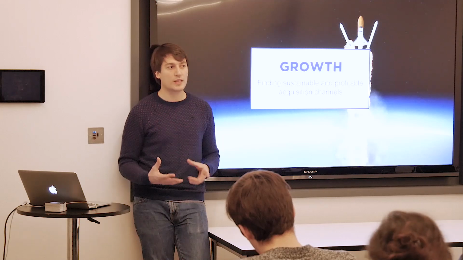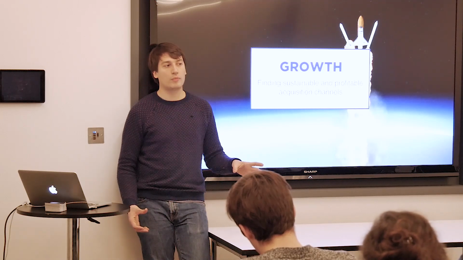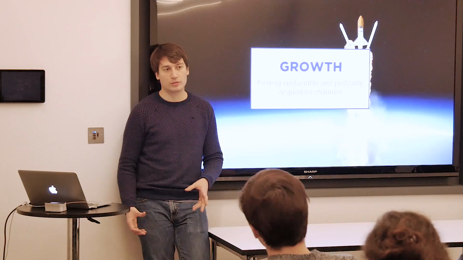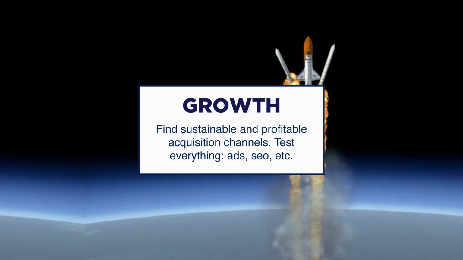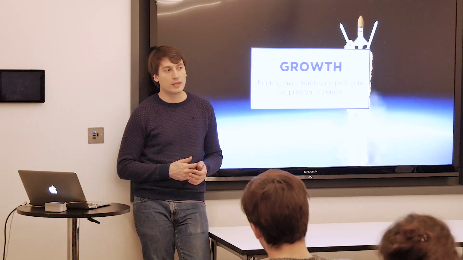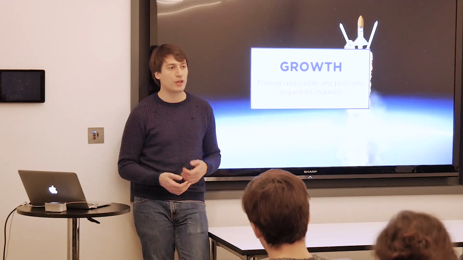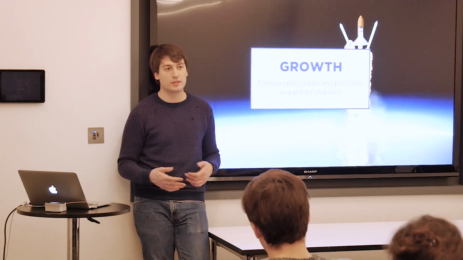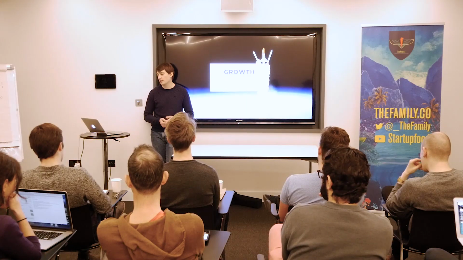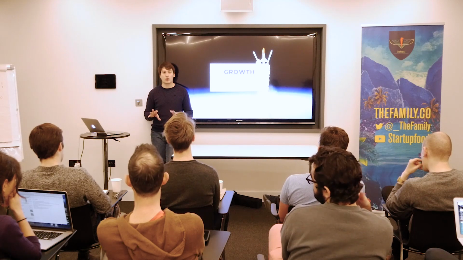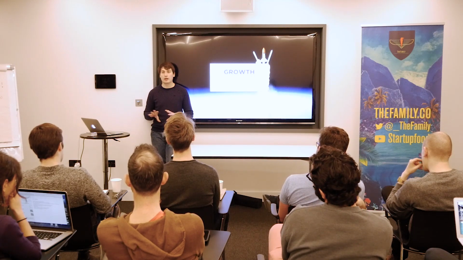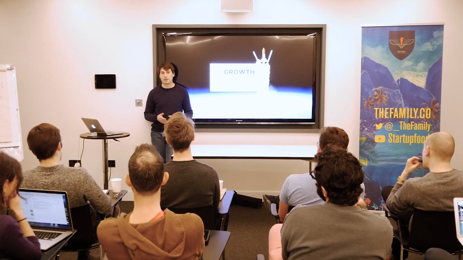You always have to think, where are my users, who are my users, and where can I reach them at the right moment. It takes a lot of experimenting, so you have to test a lot of hypotheses and run a lot of tests. But this is where the magic happens, when you start building a reliable acquisition channel and people start coming in.